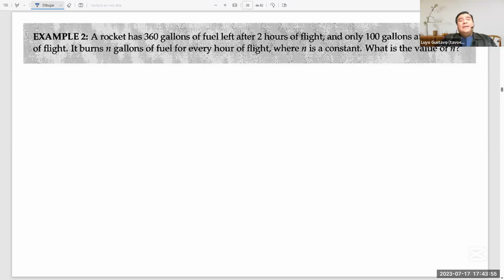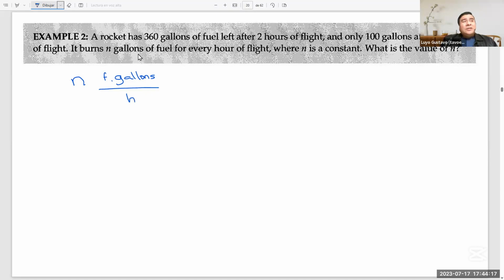Okay, this question requires us to find the value of n, which is a rate, the number of gallons of fuel consumed per hour of flight.